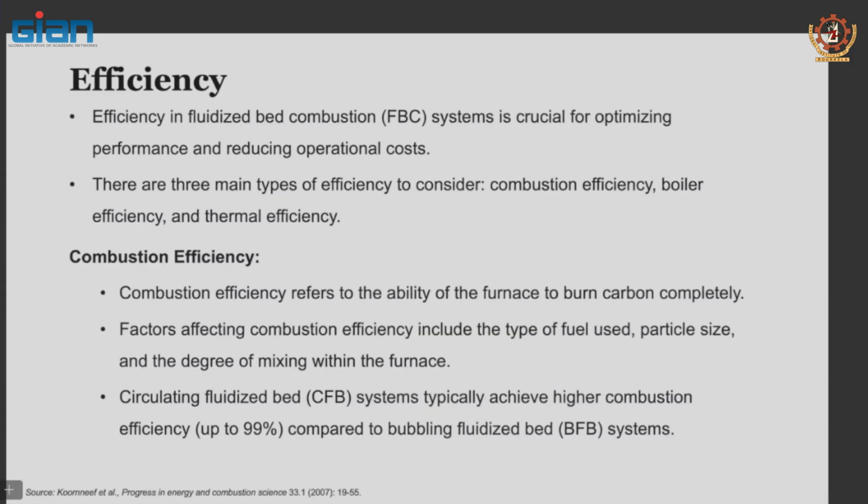Therefore, the overall thermal efficiency of your plant is very much limited. Again, combustion efficiency, as I said, we can achieve up to 99% in CFBs, because if you have unburned carbon escaping the bed, you bring it back and burn it until it is a fine and light ash particle.